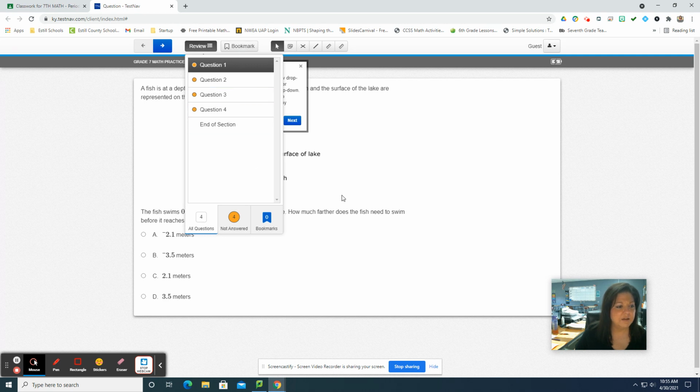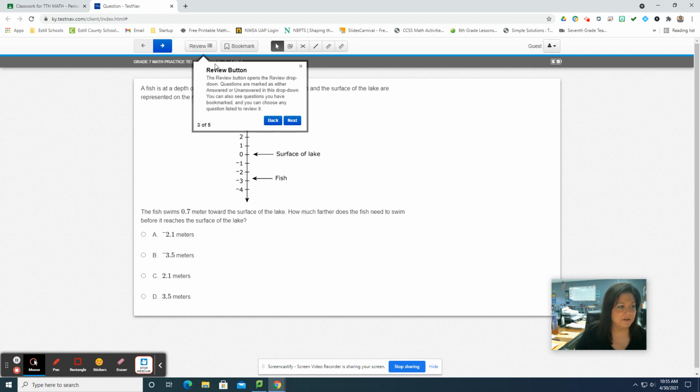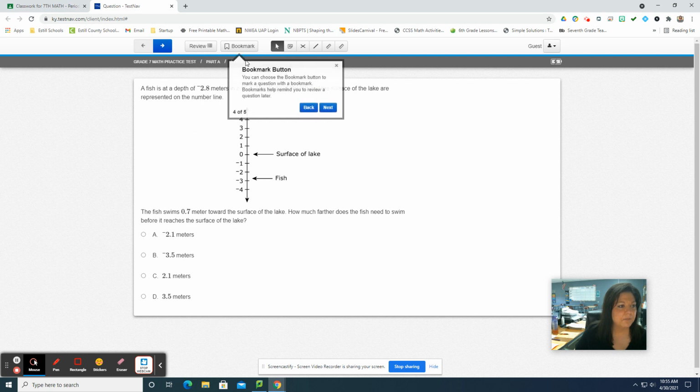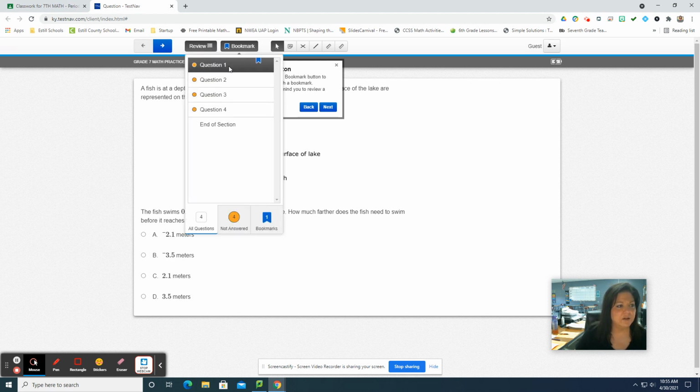That's our next thing. So it says bookmark button. If we go up here, we're going to bookmark question 1, which is what we're on. And if we go down to review, it shows us that we have question 1 bookmarked. Now this may come in handy on the test where if you have 20 questions and you're not sure of one, you can bookmark it and then go ahead and finish the rest of the test.